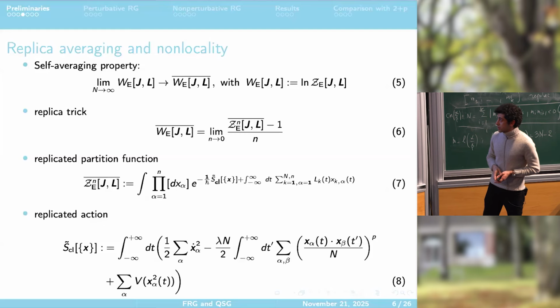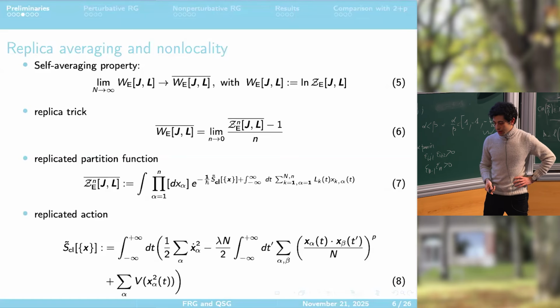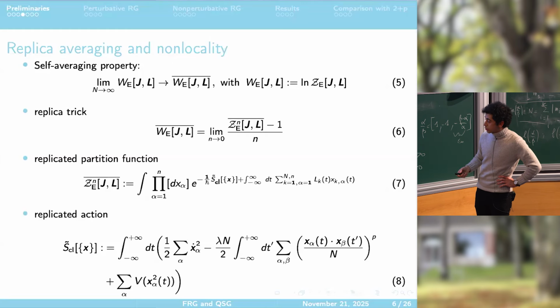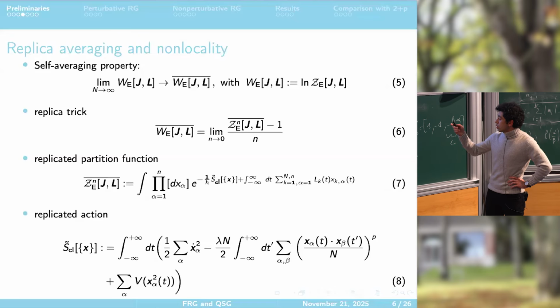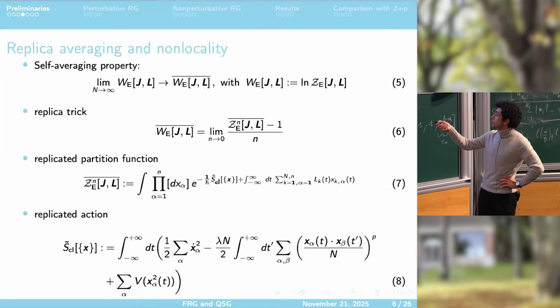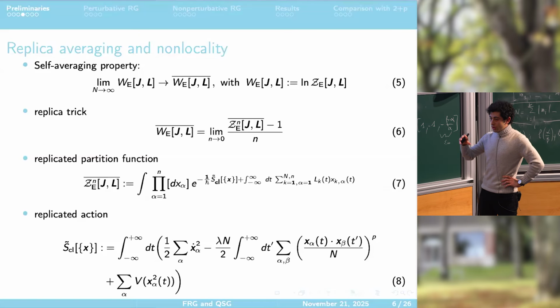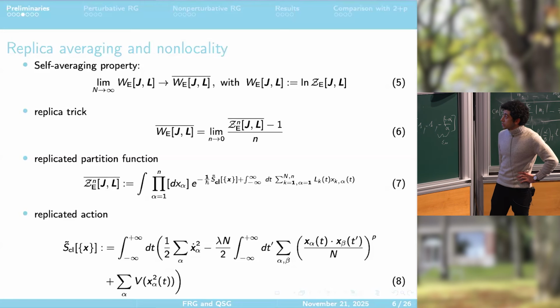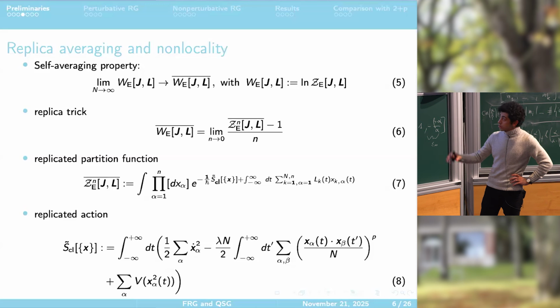If we look at this replicated action, the exponential part that we get, we see that we have, again, the first and third parts, which are pretty standard terms. In the first term we have the sum over copies of the kinetic term, the derivative term, and then we also have the sum over the copies of the potential.